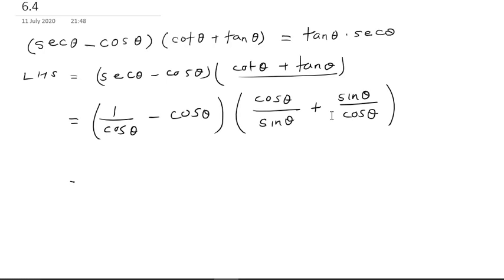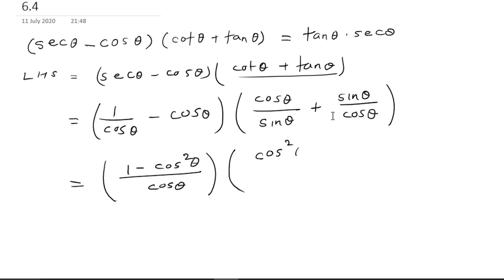So this is equal to 1 upon cos theta minus cos theta, which is (1 minus cos square theta) divided by cos theta. And here cos upon sin plus sin upon cos will become (cos square theta plus sin square theta) divided by sin theta into cos theta.